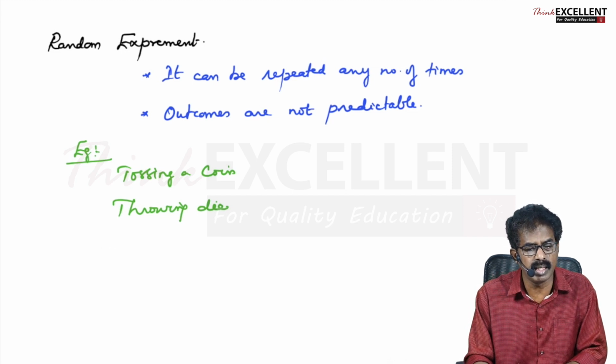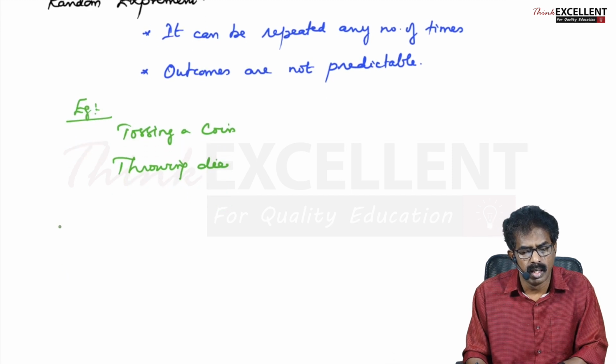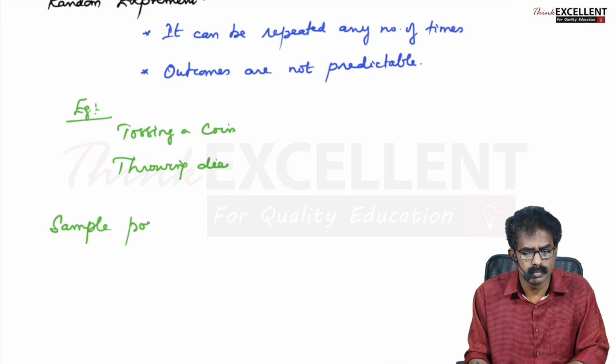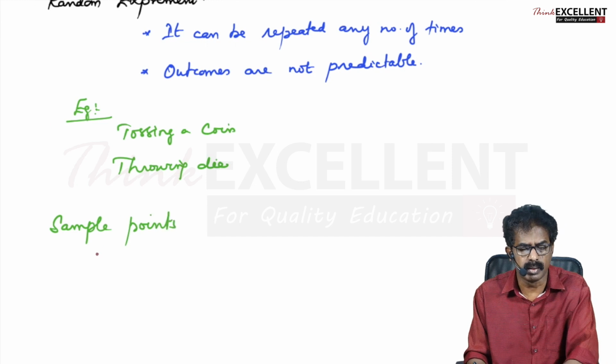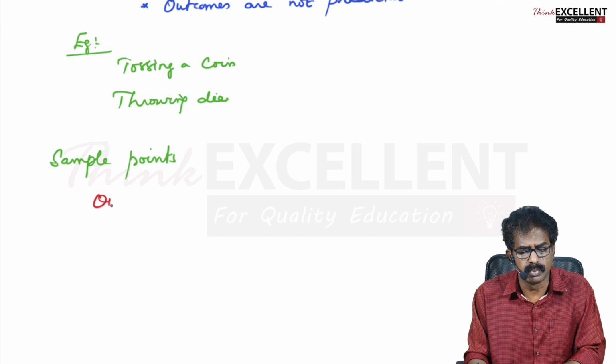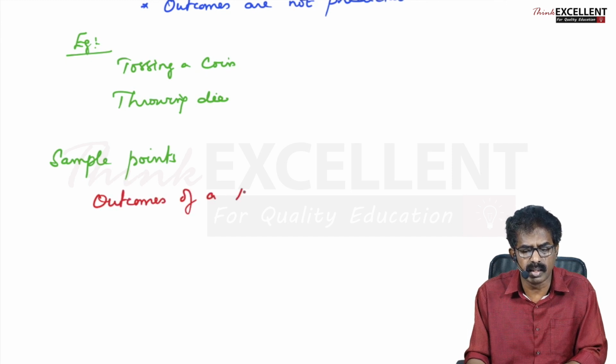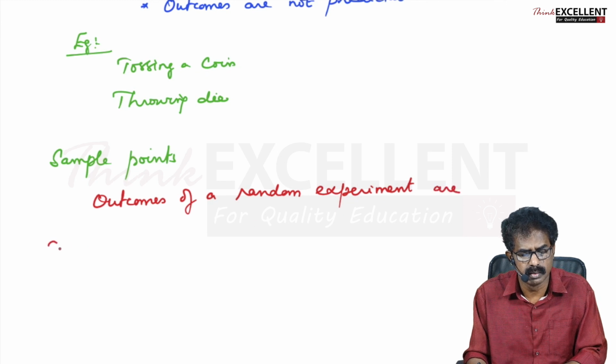Then next we have to study sample points. What is a sample point? The outcomes of a random experiment are called sample points.